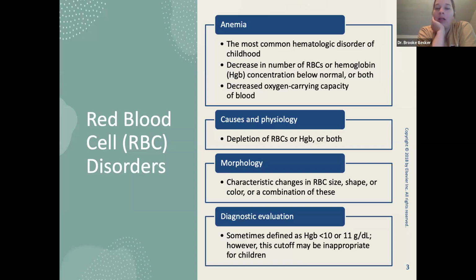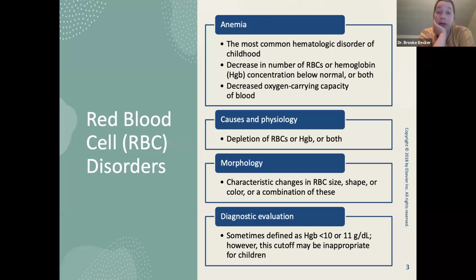This means decreased oxygen carrying capacity on those hemoglobin molecules. You look at morphology, which is the changes in the characteristics of the red blood cell: shape, size, and color. It can be any combination of those. Usually to diagnose anemia, your hemoglobin is going to be lower than 10 or 11 grams per deciliter, which is the typical adult range.